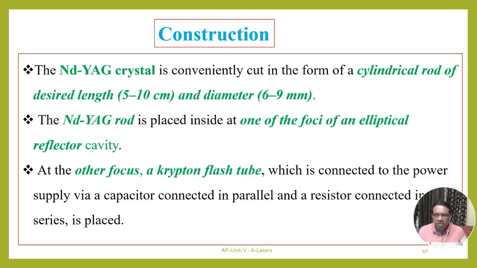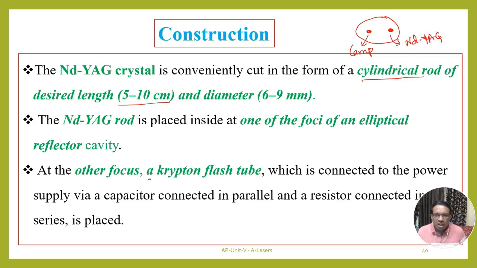Then how is it constructed? The Nd:YAG crystal is cut in the form of a cylindrical rod, 5 to 10 centimeters long, with a diameter of 6 to 9 millimeters, very small in size. This rod is placed at one of the foci of an elliptical reflector cavity, as we said previously. It's an elliptical cavity with one focus and another focus. In one place we keep the lamp, in the other the Nd:YAG crystal.